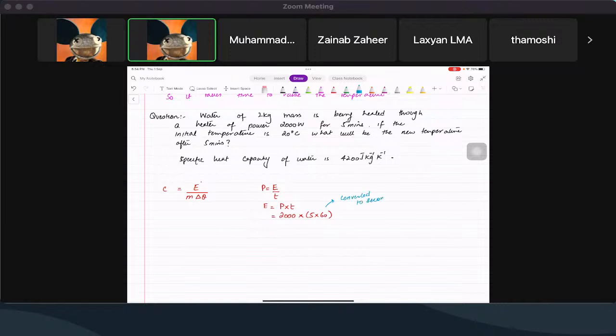And then this is energy. We have the heat capacity, which is 4200. The energy is 2000 times 5 times 60. The mass is given here, which is 2 kg, and we have to find the change in temperature. So when you calculate this, it comes out to be 71.4 degrees Celsius. Is it clear?